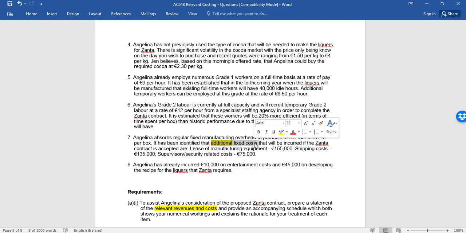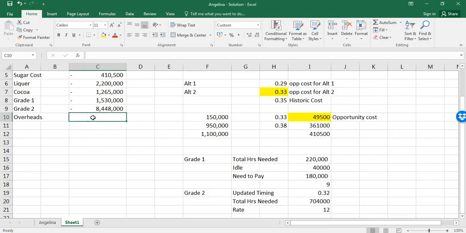So you're always looking for that key thing about what is incremental. And these costs are incremental because they're incurred if the contract is accepted. And it's 155 plus 135, which is 290. 290 plus 75 is 365. So it's 365,000.